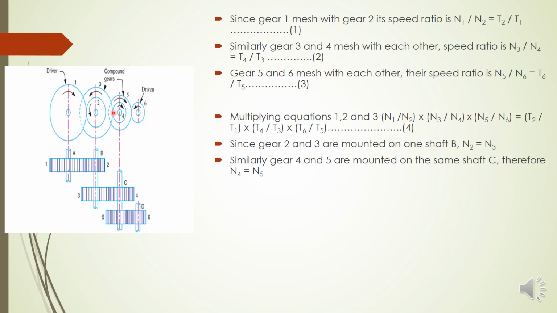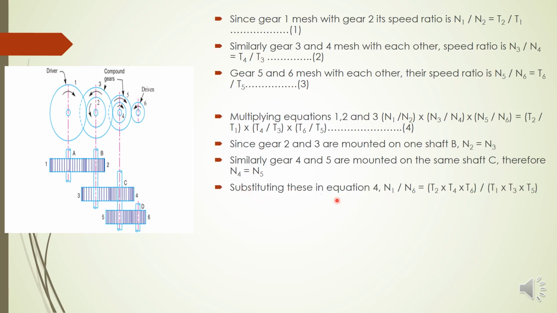So we can substitute these in equation 4. N2 equal to N3, so it gets cancelled. Similarly, N4 equal to N5, so it is also cancelled in the numerator and denominator. So finally we will have only N1 by N6.